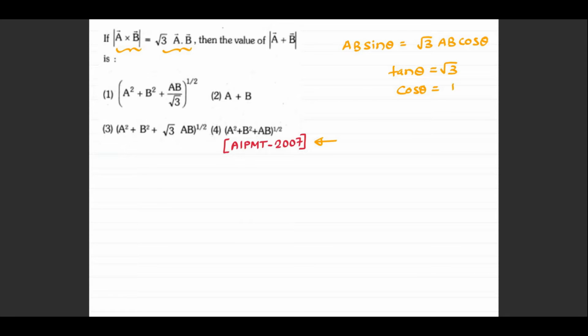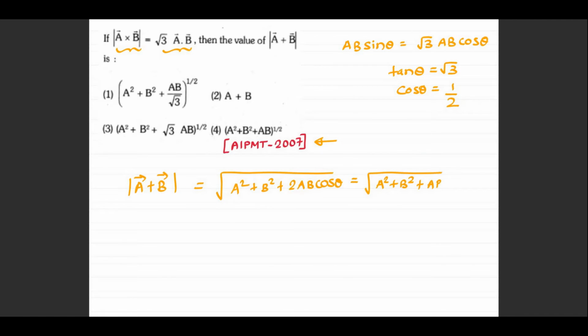Correspondingly cos theta will be half then. If I want to solve for modulus of A plus B, it will be root over A square plus B square plus 2AB cos theta. We know the value of cos theta is half, so this becomes A square plus B square plus AB. That then matches with option 4. Required answer. Okay.